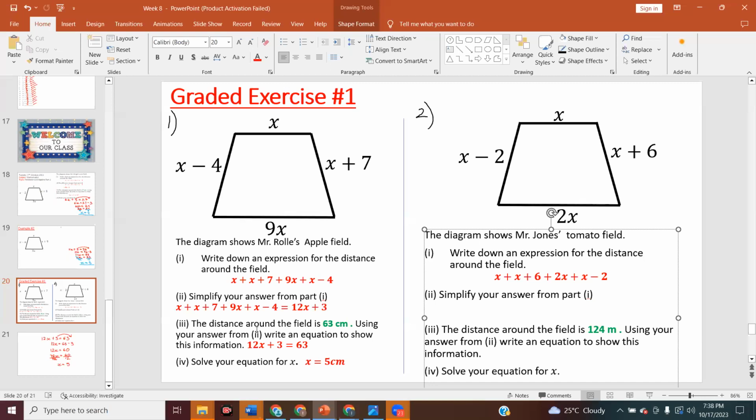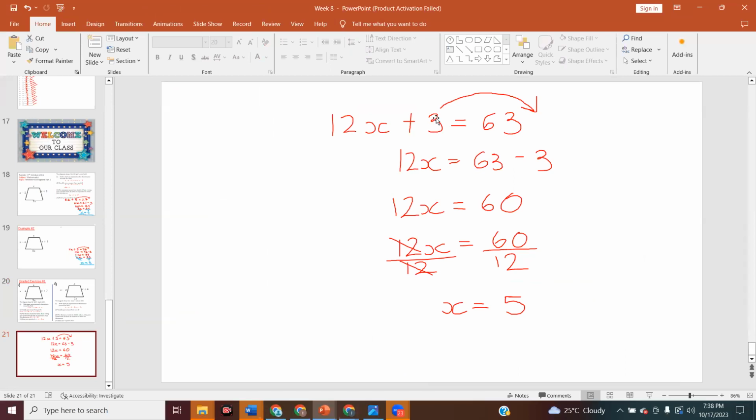Good. Now they say the distance around the field is 63 centimeters. So we set whatever we got for the first one to 63. You see that? Yes, sir. And then for this one, we got X is equal to 5. The way we got X is equal to 5 is we send the 3 over the equal sign. You watching, Joseph? Yes, sir.